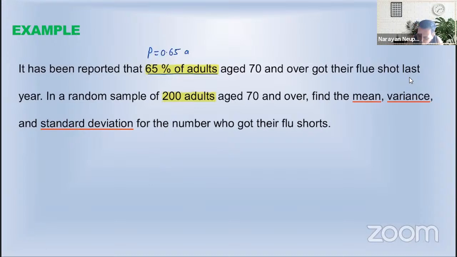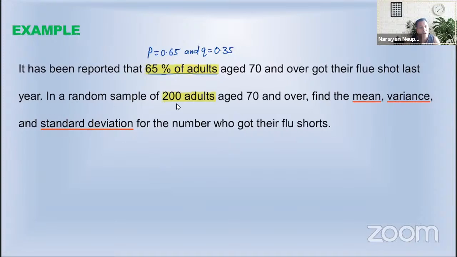That means the probability that they are not vaccinated against flu will be 1 minus 0.65, or 100 minus 65, that is 35% or 0.35, because P plus Q is 1. So P is 65%, which is 0.65, and Q is 35% or 0.35.